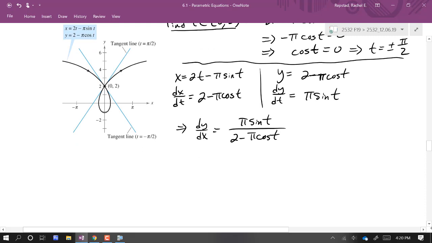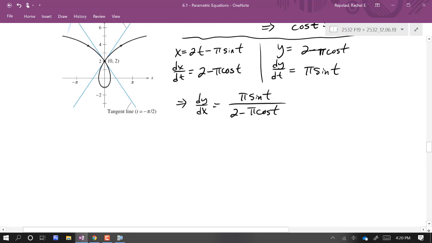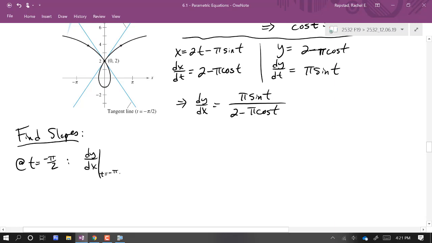And then we get our slopes just by evaluating these at the two values of t that we found. So when t is negative pi over 2, dy dx is pi sine negative pi over 2 over 2 minus pi cosine negative pi over 2.